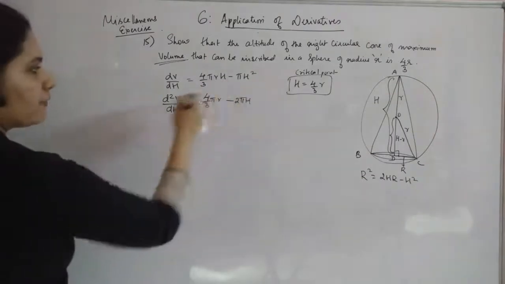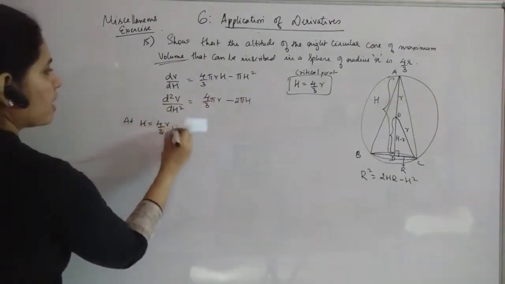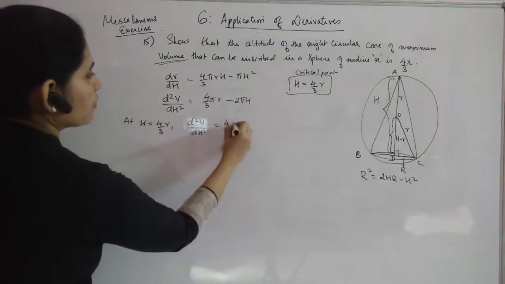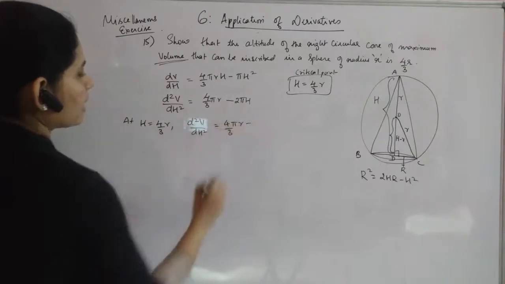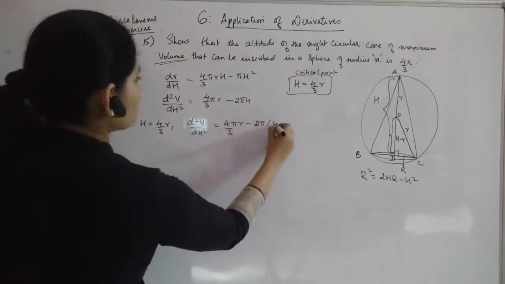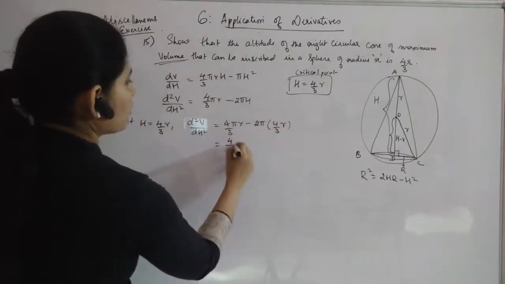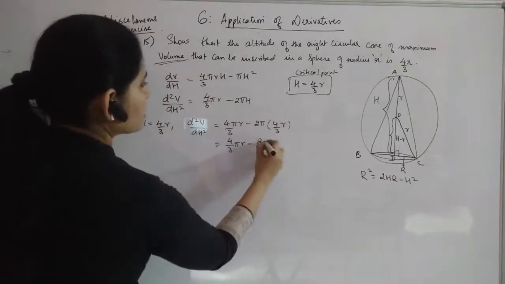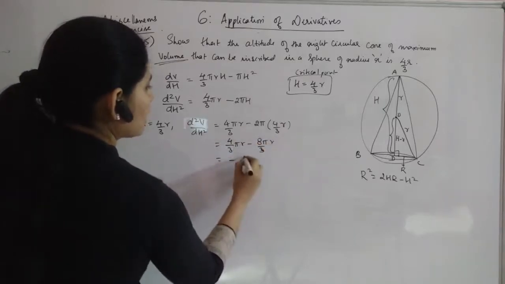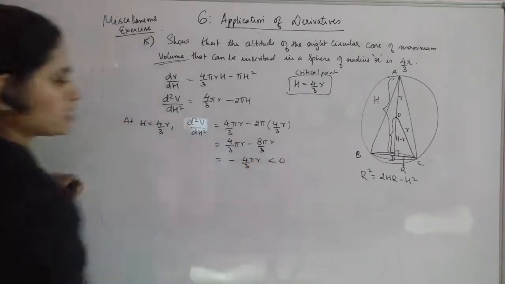Now at this point you have to check the second derivative. h is equal to 4 by 3 r, d square v by dh square will give you 4 by 3 pi r minus, replace the h value here, 2 pi into 4 by 3 r, which is equal to 4 by 3 pi r minus 8 by 3 pi r, which is minus 4 by 3 pi r, and this is less than 0, right?